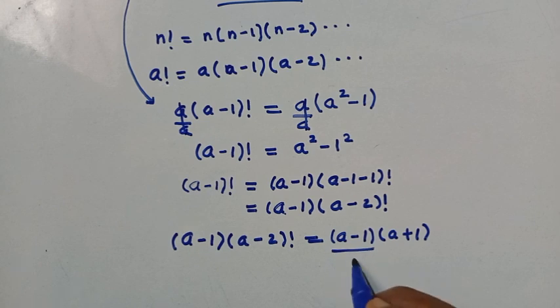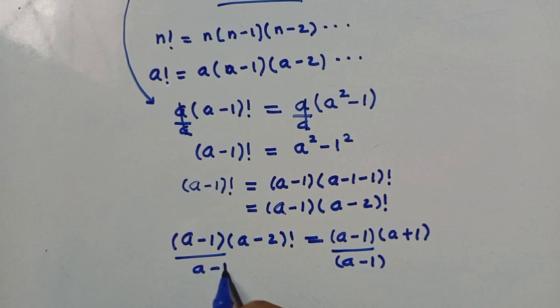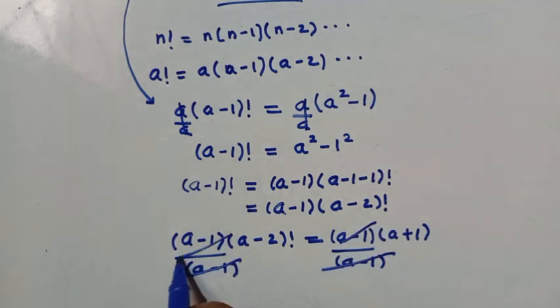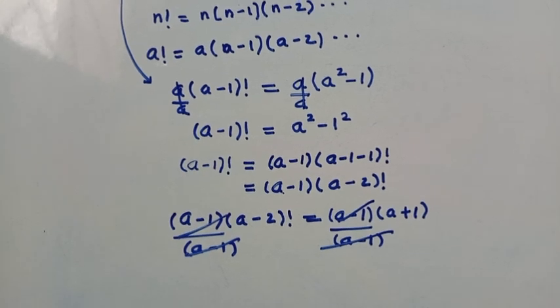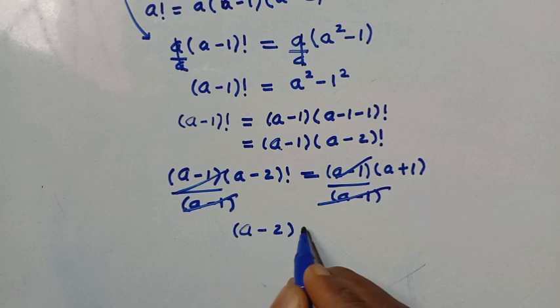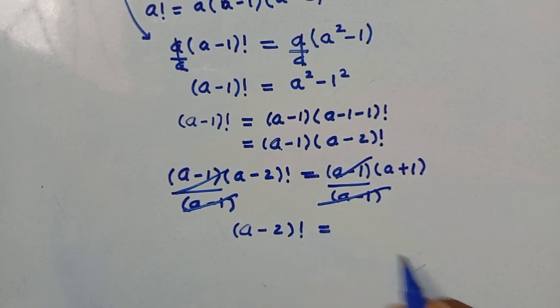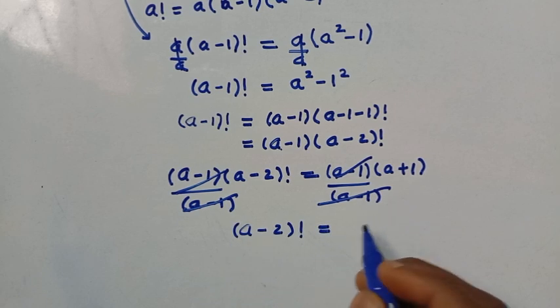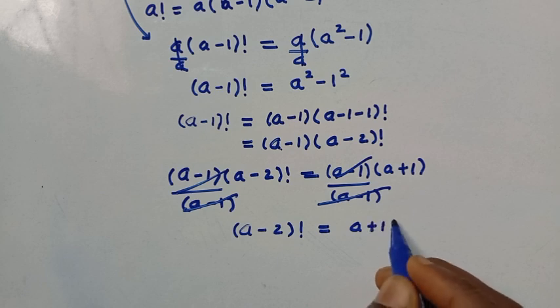Let's divide both sides by a minus 1. We cancel a minus 1. Then what we have next is (a minus 2) factorial equals a plus 1.